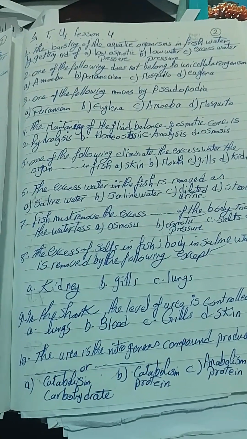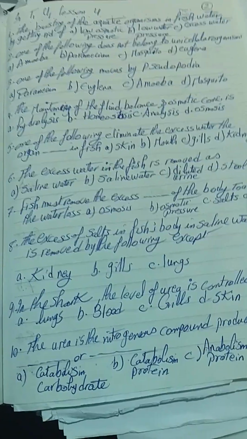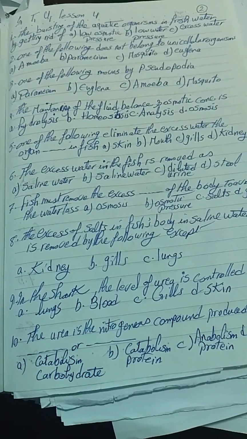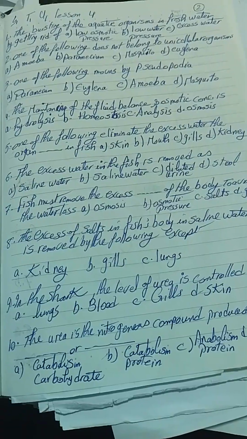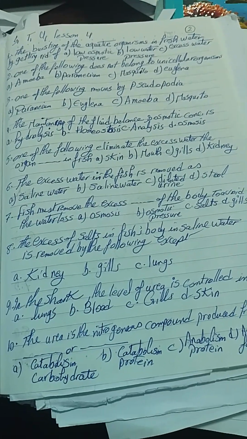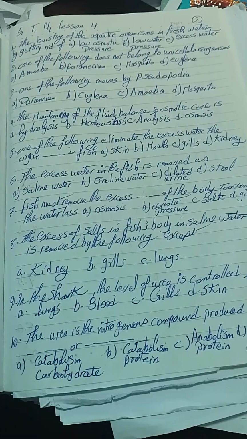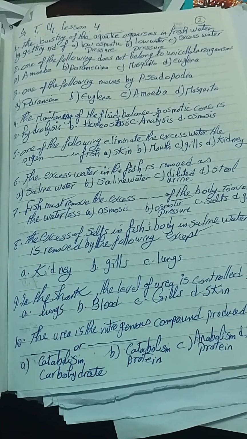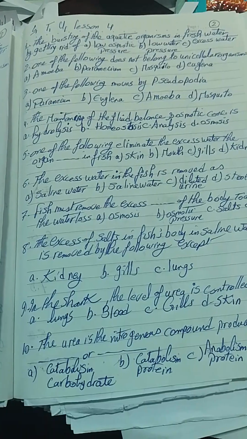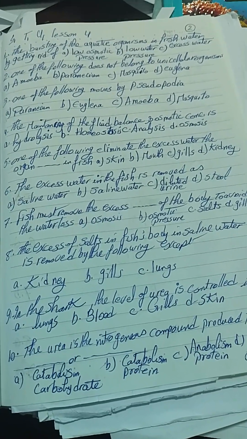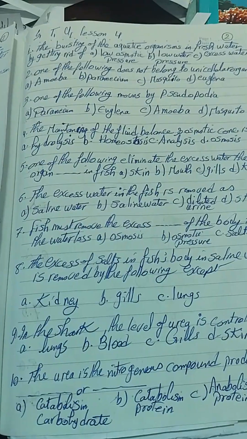Lungs are for exchanging gases between oxygen and carbon dioxide. Shark: the level of urea is controlled in blood. Urea is a nitrogenous compound produced from the catabolism, the breakdown of protein.